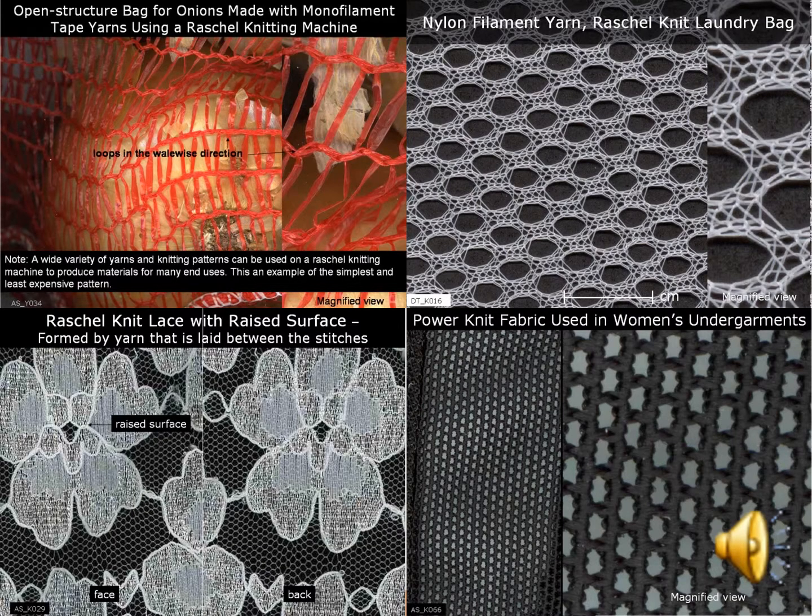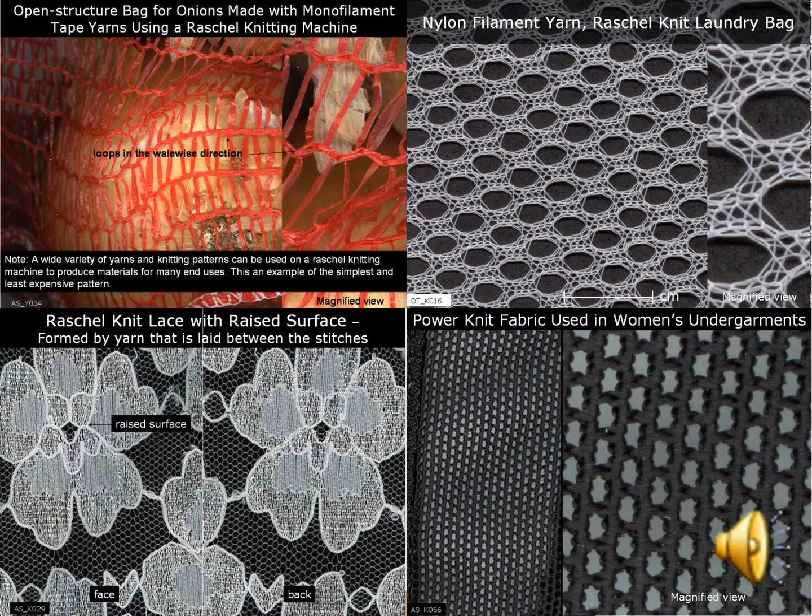Here are some close-up photographs of Rochelle knit fabrics, so you can get an idea of some of the uses for them as well. The top left photograph is actually an onion bag. If you've ever bought onions in bulk from the grocery store, they almost always come in these types of bags, and those are made from tape yarns that have been knit together.